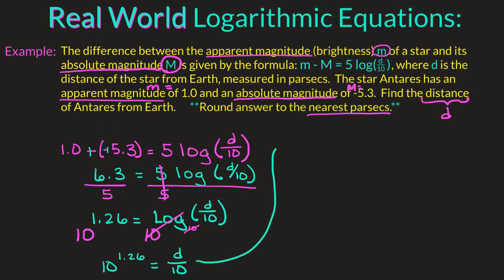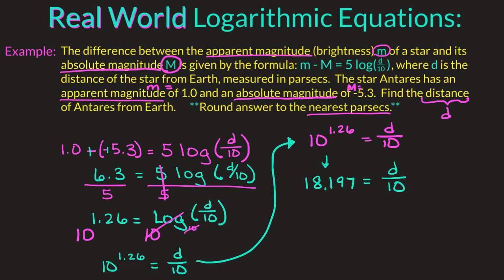I'm going to go over to the side where we have a little bit more room to work and rewrite our problem. So we now have 10 to the 1.26 equals d over 10. I'm going to go ahead and simplify the left side. We have 10 to the 1.26. I'm plugging that in the calculator. It's going to be approximately, I'm going to round to the nearest thousandth, 18.197 equals d divided by 10.